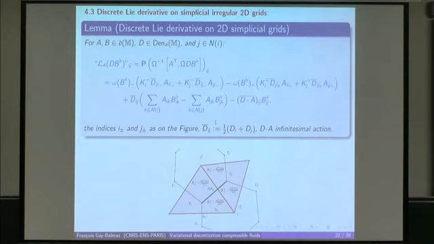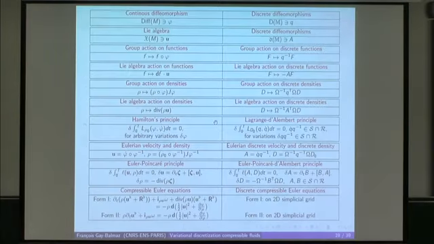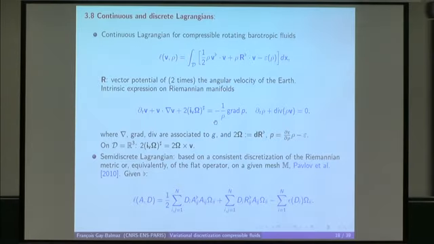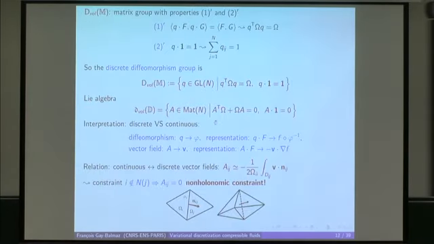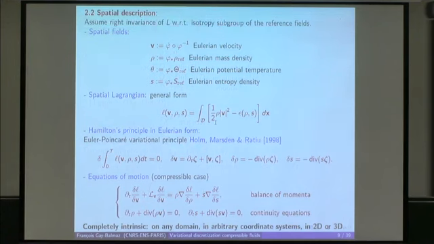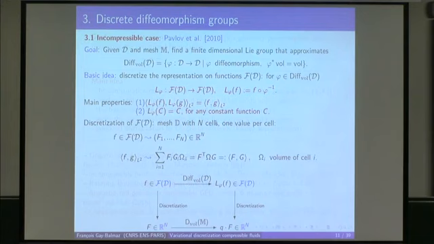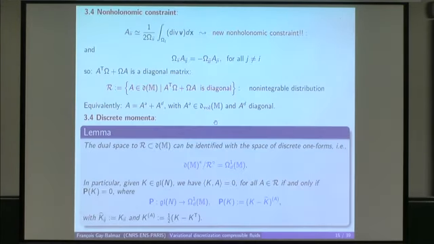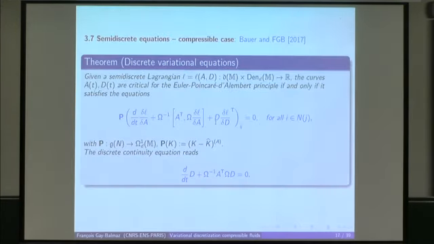So if I go back a little bit more, to the first slide here, this object is the main difficulty when you discretize fluid dynamics: the Lie derivative of the momentum. In our description, it corresponds to this term here, the Lie bracket of A and dl dA.